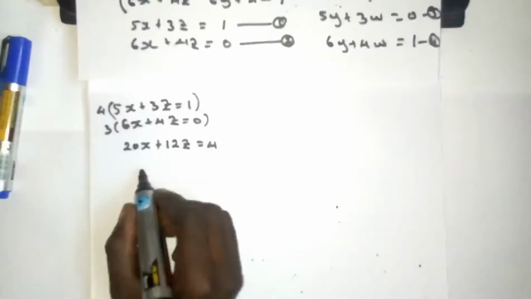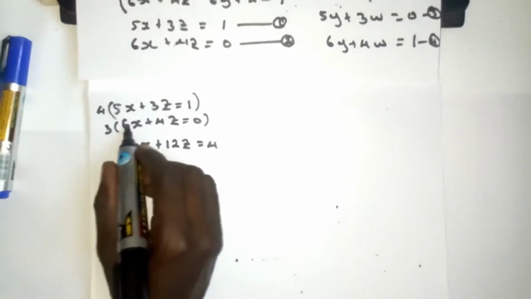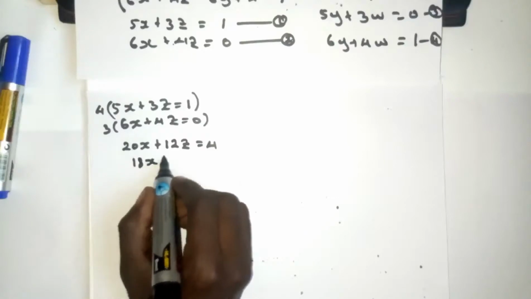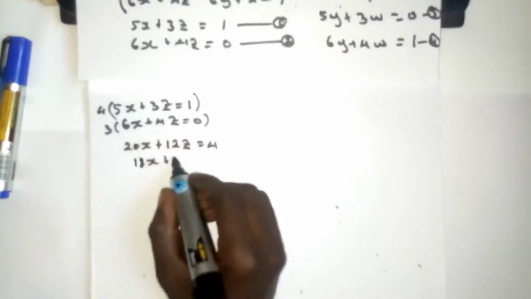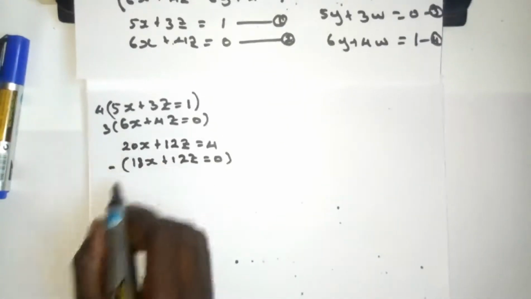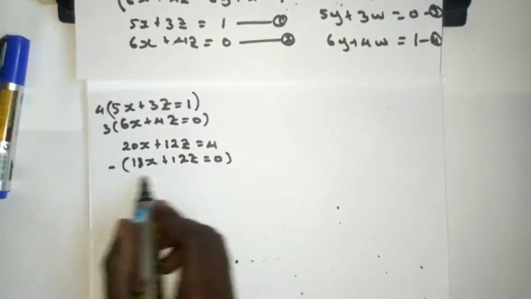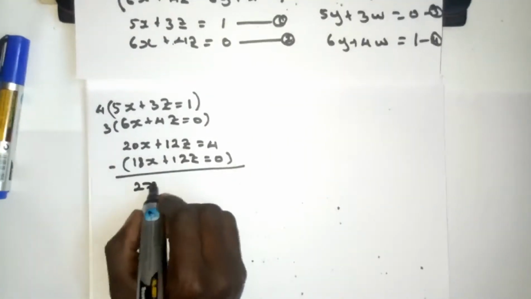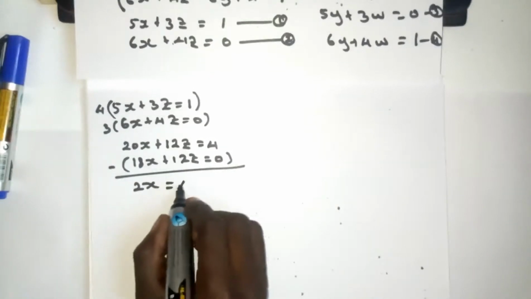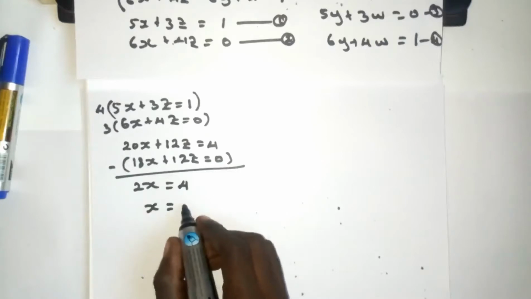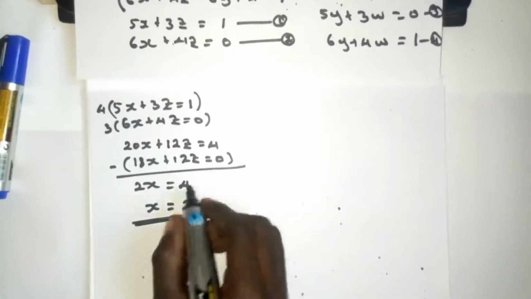This is 3 times 6, which is going to give me 18x plus 12z, should give me a 0. Then I can subtract these two equations. If I subtract them, I'm going to have 2x, this one goes, is equal to 4. x is going to become 2 if I divide by 2.